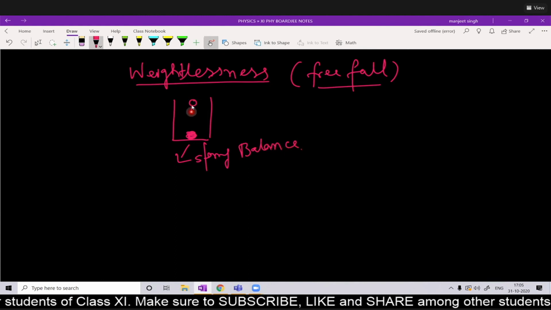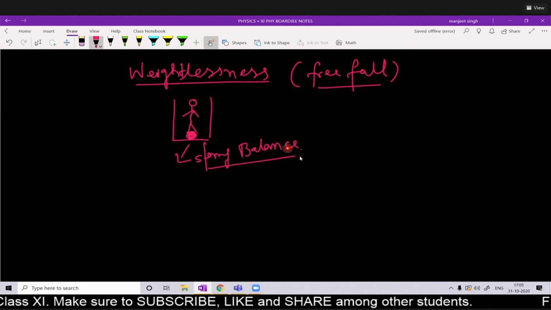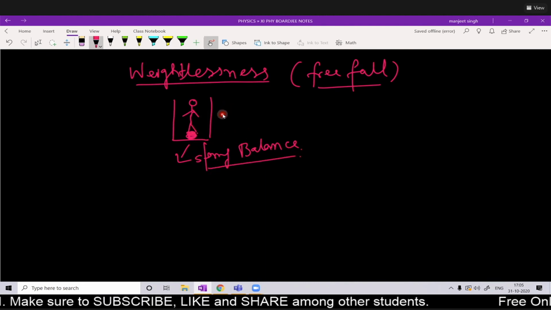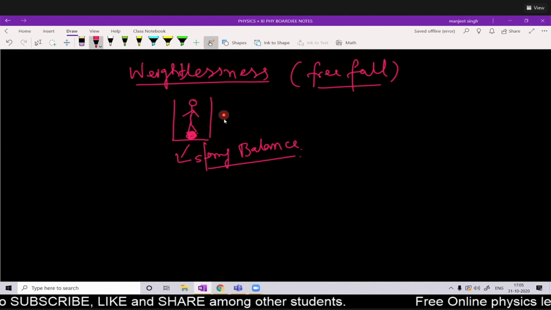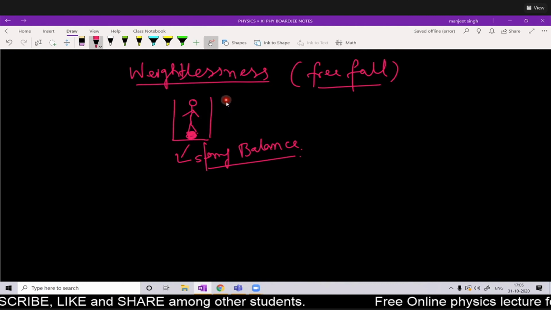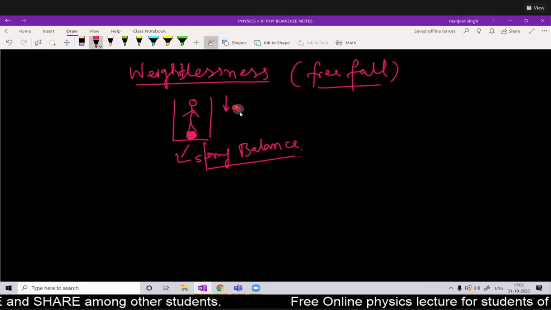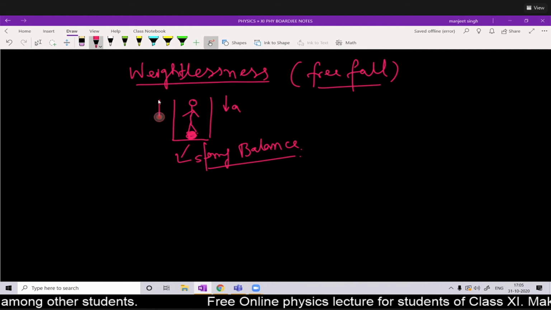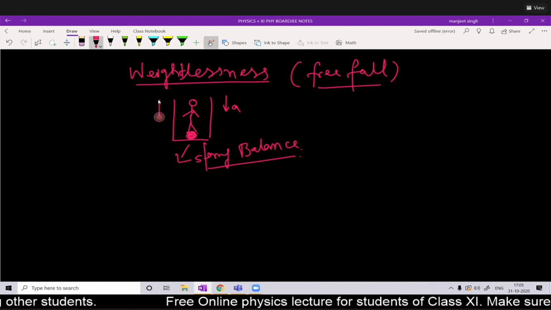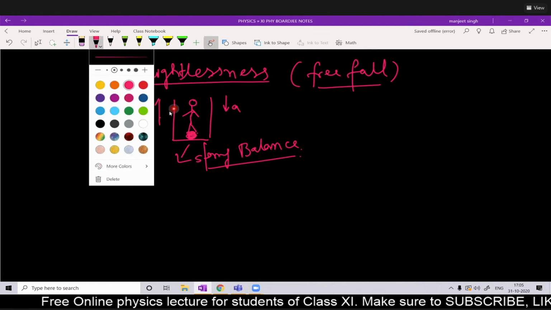If you are standing over here, your weight will be recorded in this spring balance. But if the lift is moving up or moving down with certain acceleration, suppose the lift is moving down with a certain acceleration, then your weight will be reduced. If the lift is going up with certain acceleration, the weight will be increased. Okay.